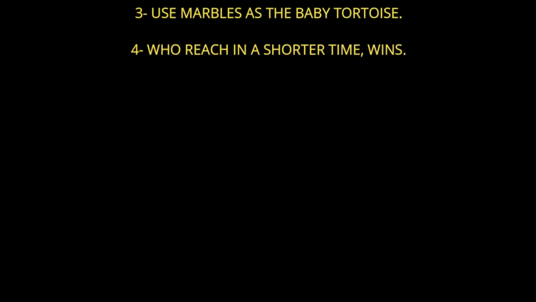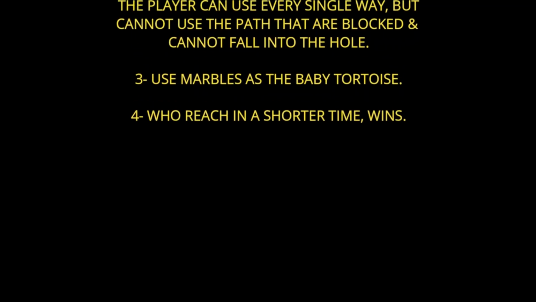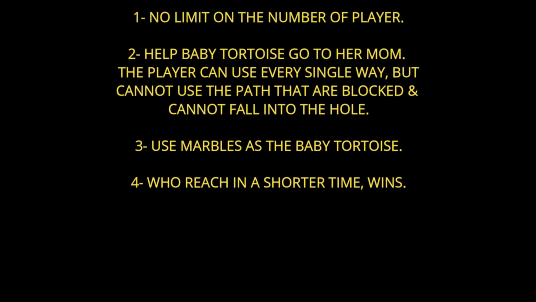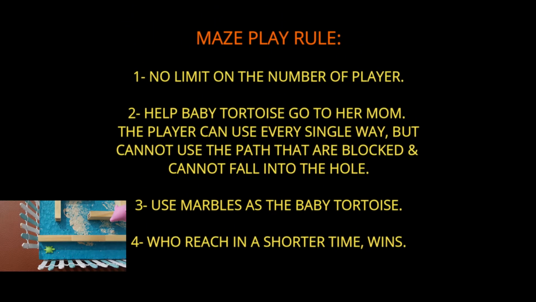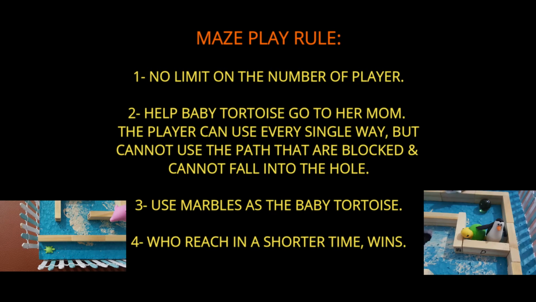For the next component, I will explain the maze play rules. As for my maze, there is no limit for the number of players. Second, the player must help the baby tortoise to find her way back to her mother in the ocean. The player can go through every single way in the maze, but cannot fall into the black hole.